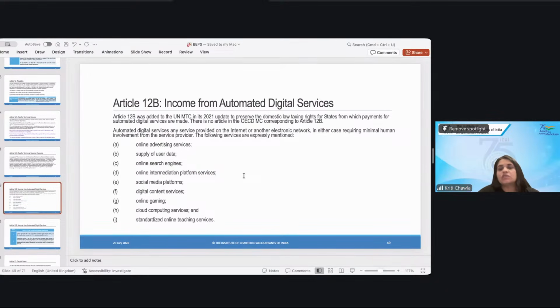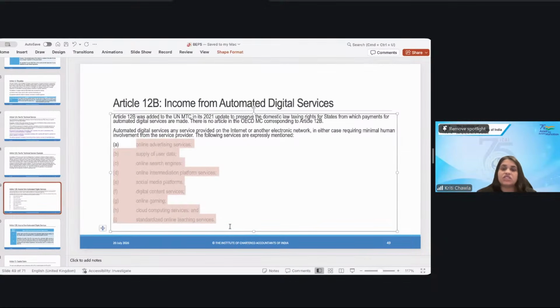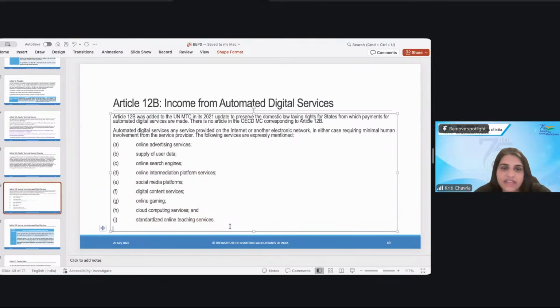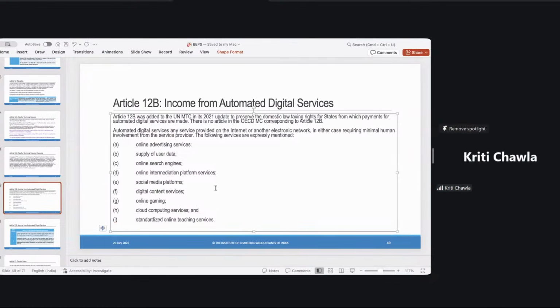These are services provided on the internet or another electronic network, which require minimal human intervention or minimal human involvement from the service provider. So these are expressly automated digital services: online advertisement services, supply of user data, online search engines, social media platforms, online gaming, etc. These are specifically known as automated digital services.